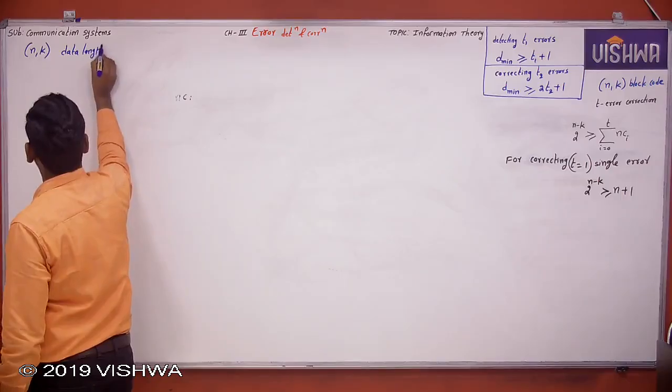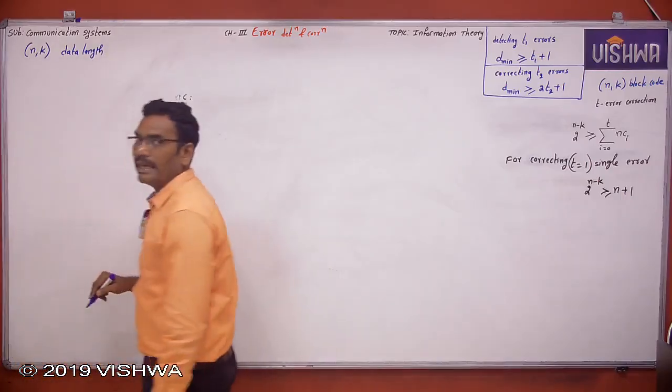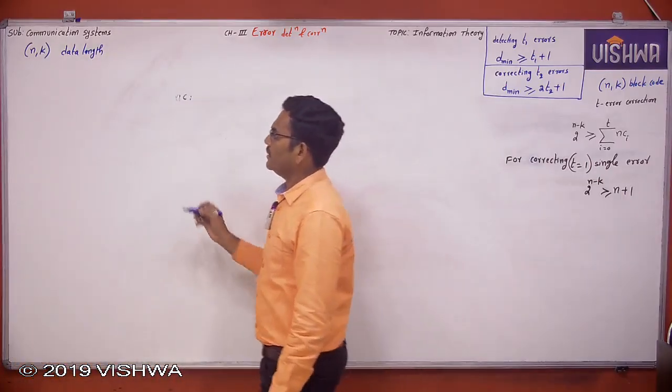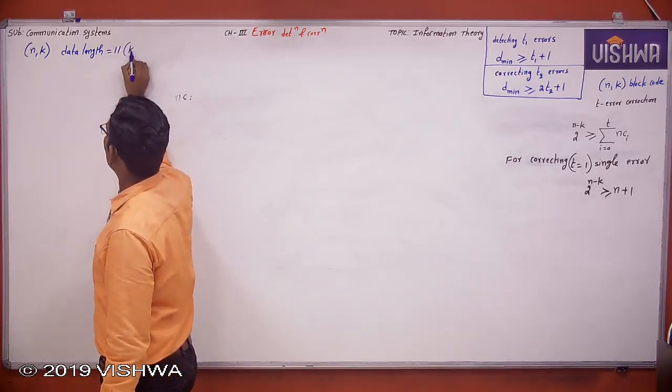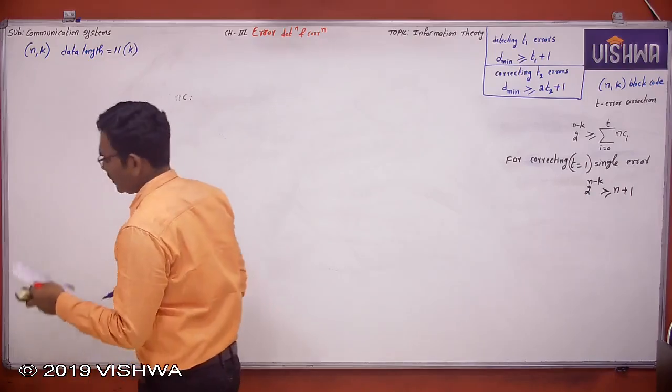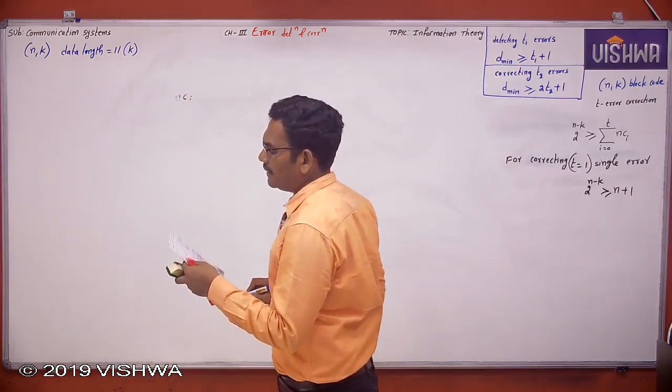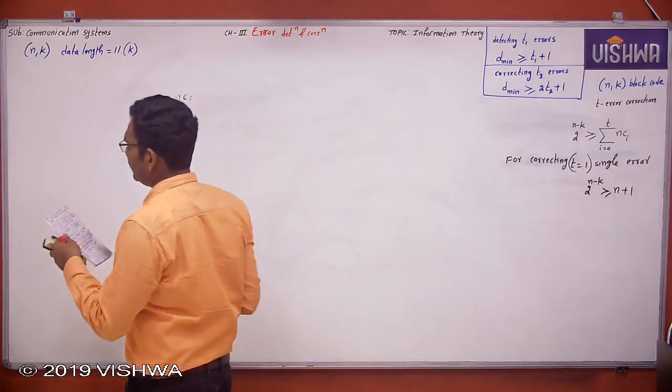Data length means what? n or k? n is code length, k is data length. So data length is 11, which means this is k. Data length is 11. Determine the minimum number of parity bits required.